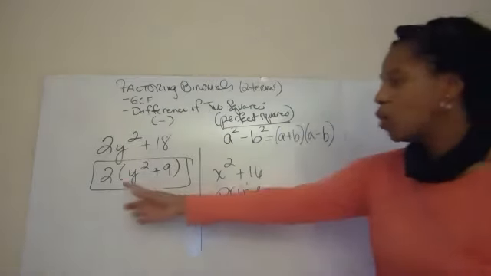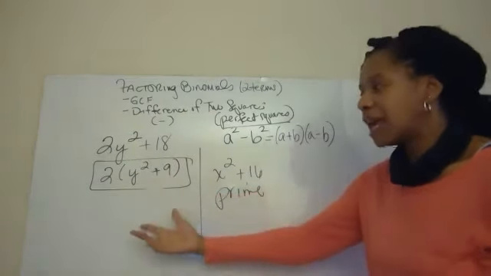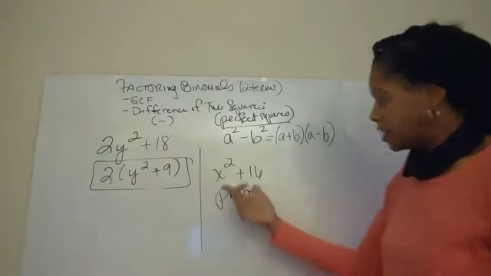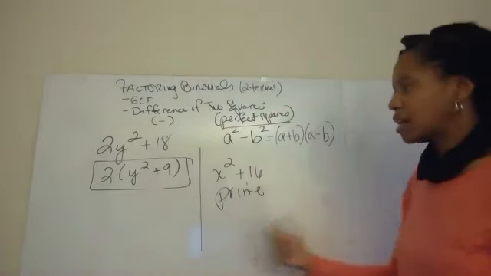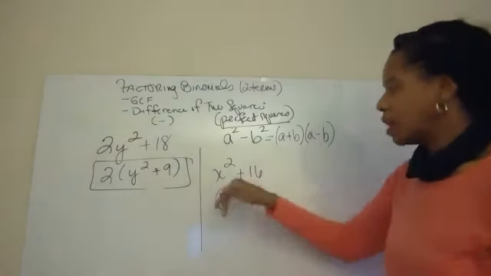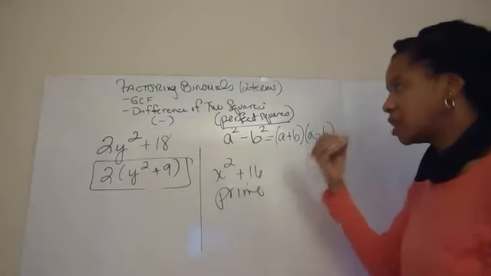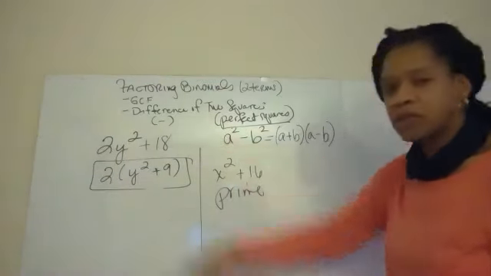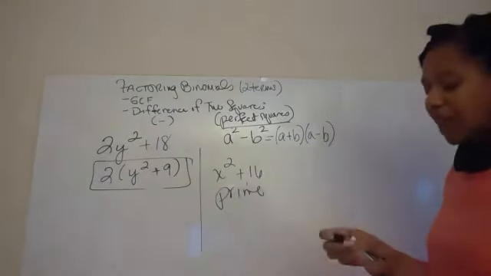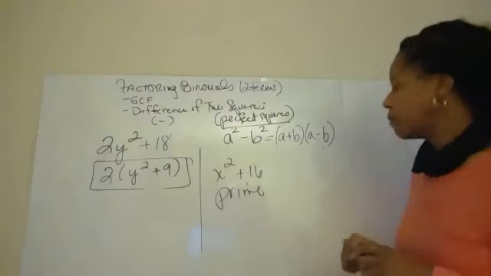Some students think if you only can do a GCF, then after that it's prime. No, if you factor anything out of it, it's a factored problem. This one, there was nothing we could factor out, so that's why it's originally prime. So just make sure you remember that you cannot do the sum. The vocabulary is very specific. Difference of two squares. It's got to be a subtract, okay? So that's factoring binomials.